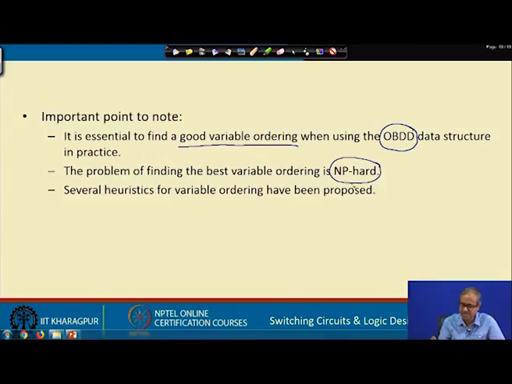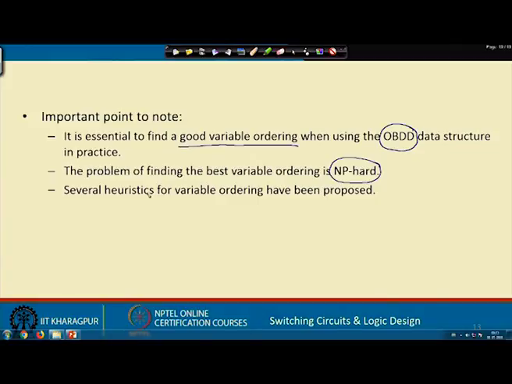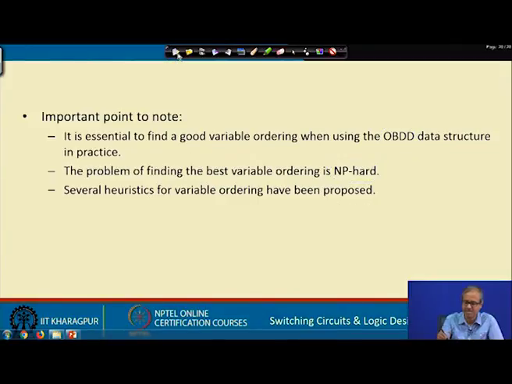It is NP hard, a class of problems which are considered to be computationally very complex. Why? If there are n variables, the number of possible orderings can be n factorial, and the factorial function grows very rapidly with n. That is why this is a very difficult problem. But there are a number of rules, or heuristics as they are called, which are used to find a good variable ordering in general.